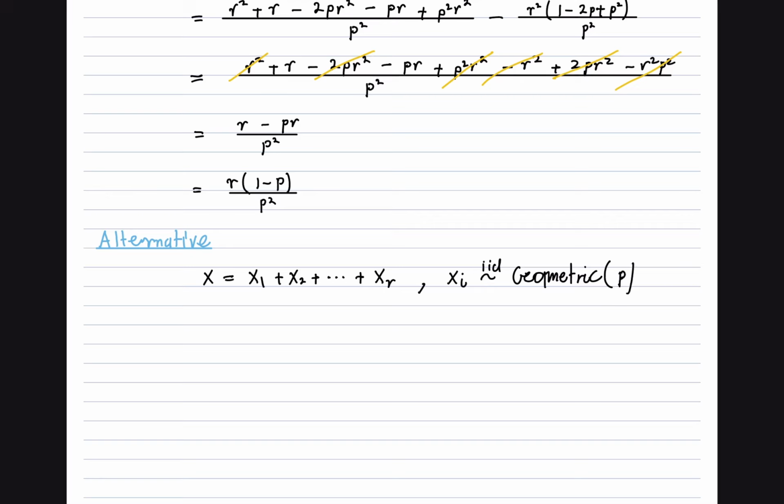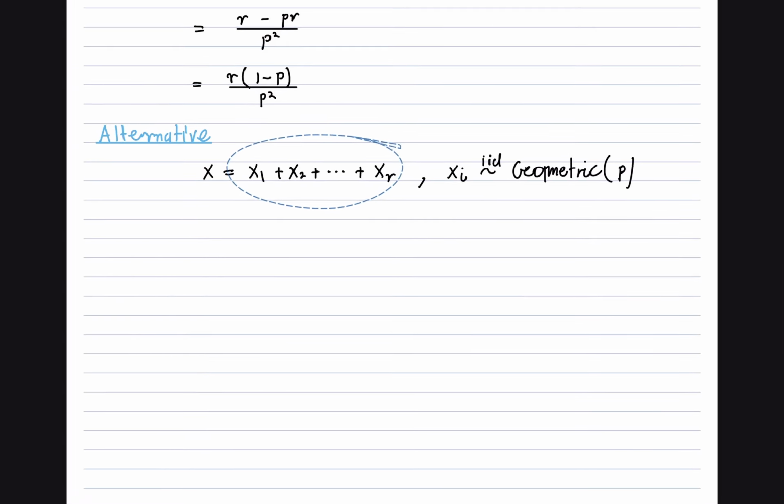with parameter p, because you can remember, geometric distributions are for the first failure or success. So now we can see them as this for our particular successes. Therefore, we can write it as the sum of r geometric random variables.